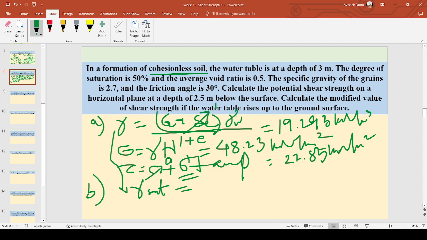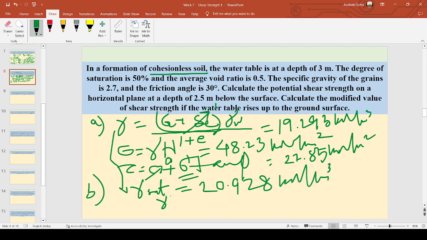So in this case, if we calculate (G plus e) divided by 1 plus e into gamma W, 2.7 plus the value of e 0.5, into 9.81 divided by 1.5, we get a value of 20.928 kilonewton per meter cube.